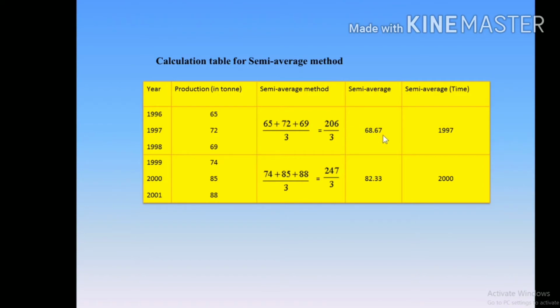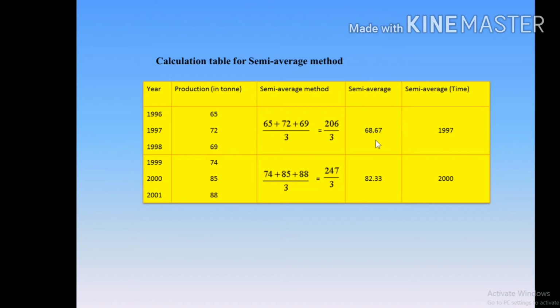In this way, you find the semi-average of the second half, that is 74 plus 85 plus 88 divided by 3, that is 247 divided by 3. It gives the semi-average 82.33.